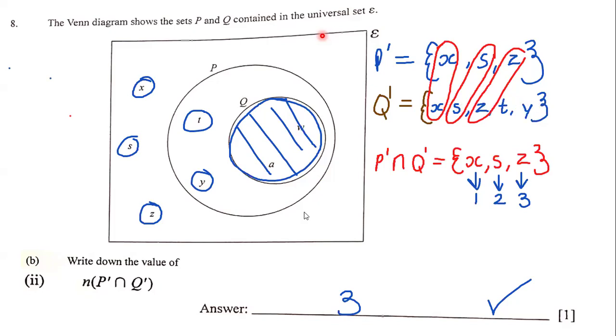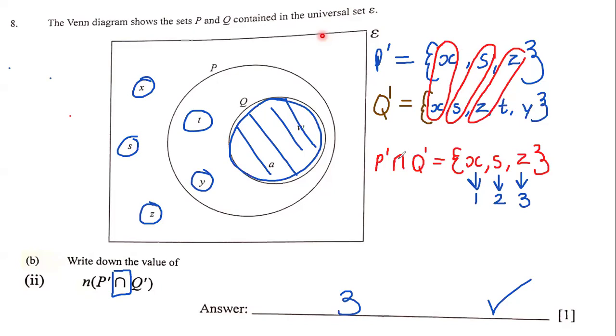That makes sense? Yes. Now they ask us for the intersection between them. The intersection just means what they have in common. So what do these two sets have in common? X, S, and Z. Very good.